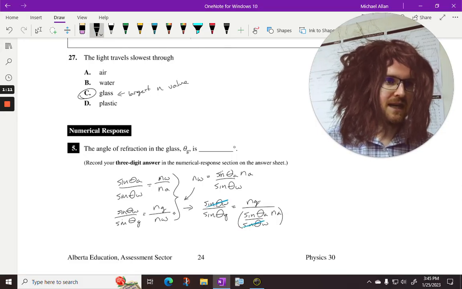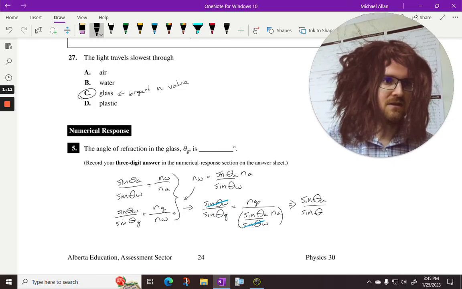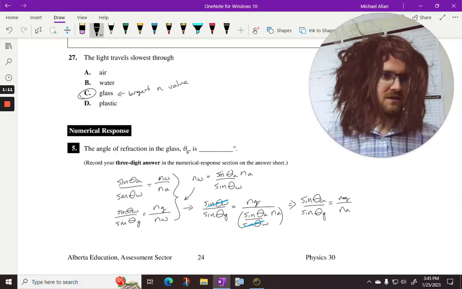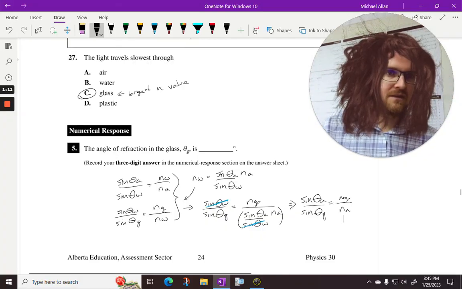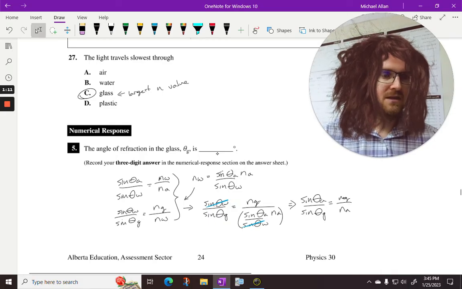So if I times that up now to the other side, I can get sine theta A over sine theta G is equal to NG over NA. And that's essentially just ignoring the middle step where the water disappeared.